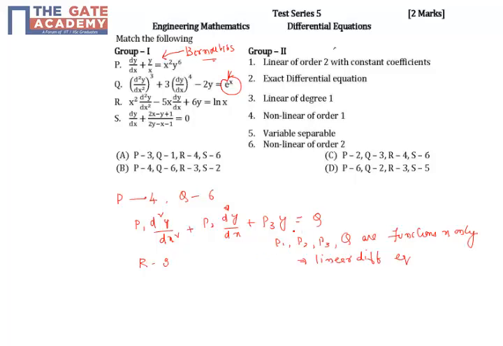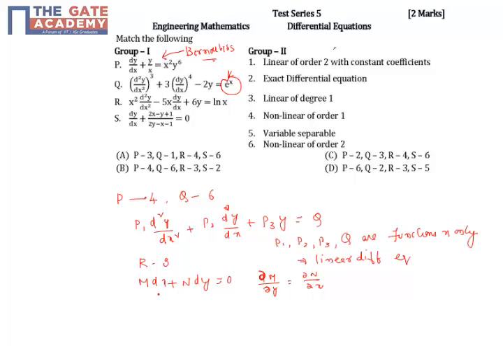And what about the last one? If you see the equation, it is in the form of M dx plus N dy equal to 0. So I can say that this equation is an exact differential equation if ∂M/∂y is equal to ∂N/∂x.